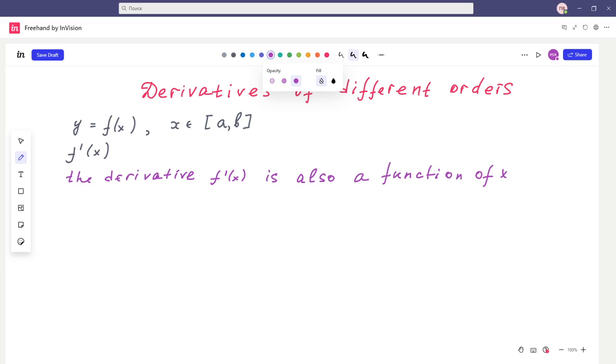Differentiating this function, we obtain the so-called second derivative of the function f of x.